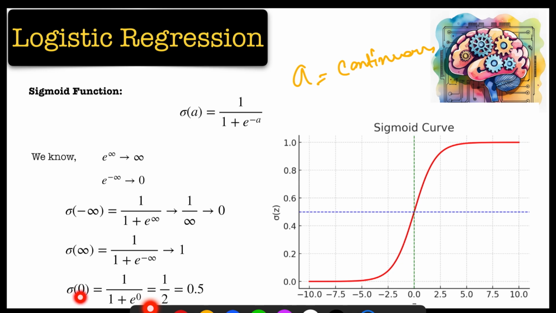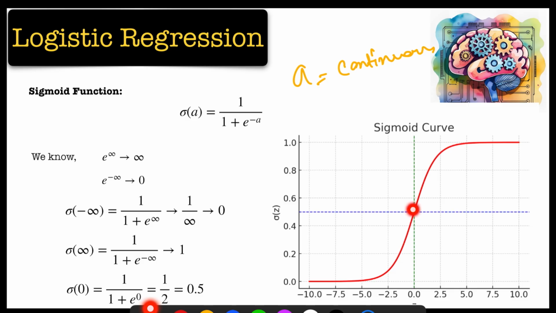Now let's see next what is sigmoid of 0. So this is the 0, and what is the sigmoid value for 0? Sigmoid of 0 will be 1 divided by 1 plus e raised to the power 0. E raised to the power 0 is 1. So it is basically 1 by 2, that is 0.5. So when A is 0, then sigmoid of A is 0.5.